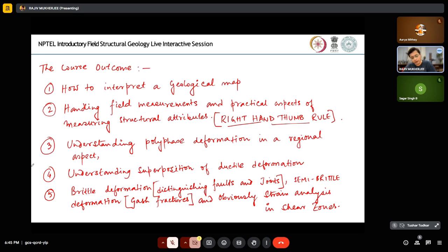So I will discuss these aspects of one dimensional and two dimensional strain analysis in this session. But first I would give you some time to think, that if you have any doubt regarding any of the sessions or the course in general, you can ask me, and hopefully I would be able to answer those questions. If not, then I will proceed to explain some aspects of strain analysis.